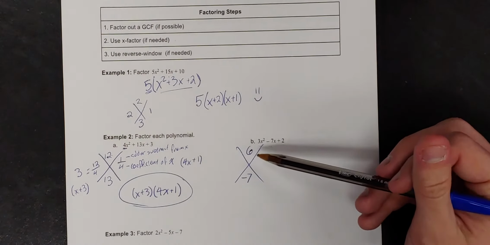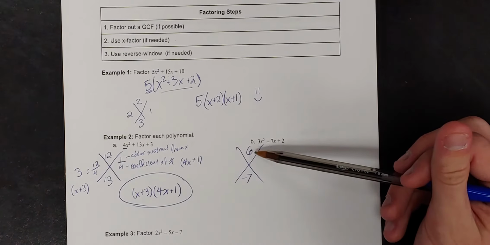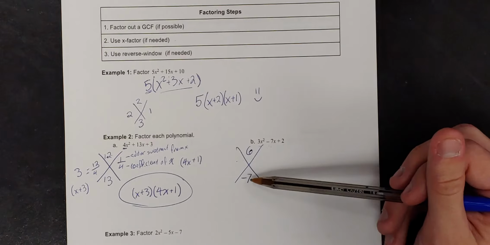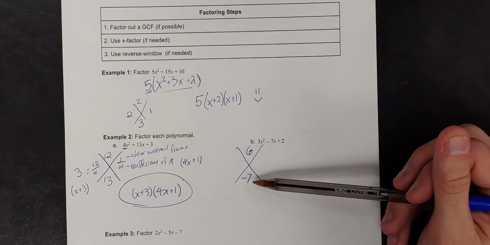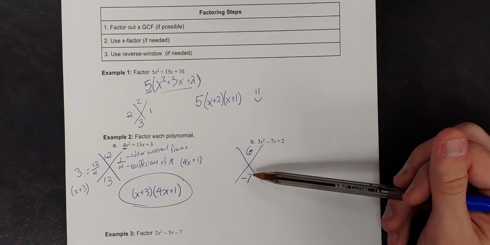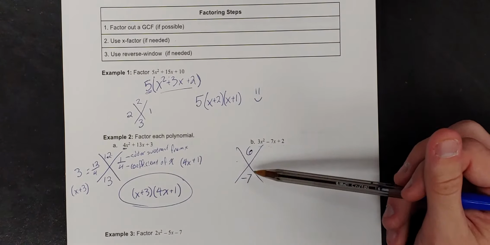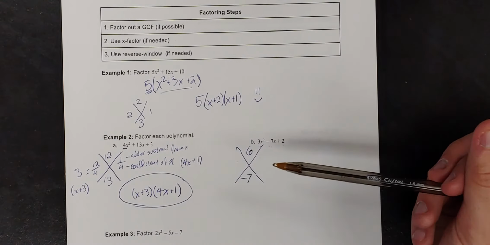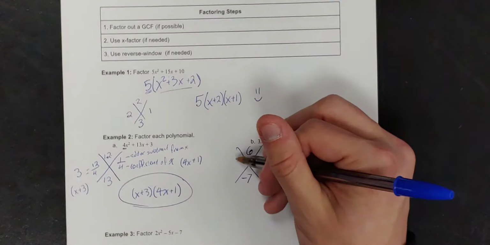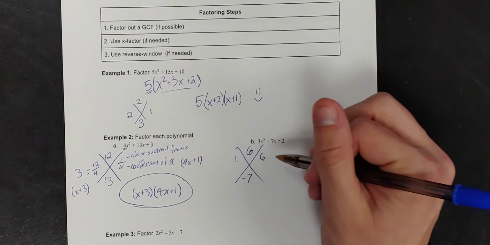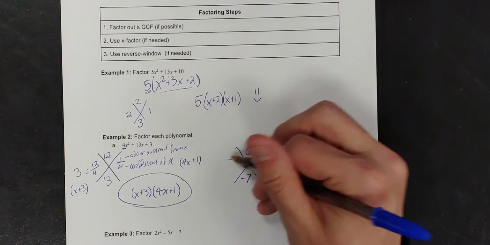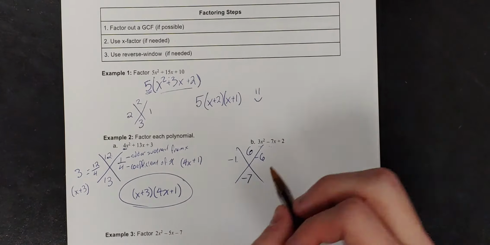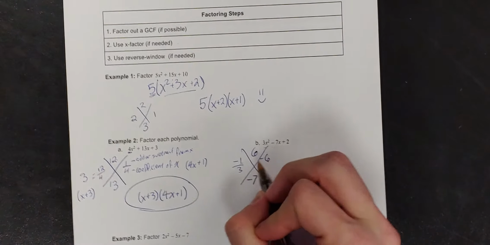My 6 tells me that the signs of my p and q need to be the same, and this negative 7 tells me that they are both negative. So two numbers that multiply to 6 but add to 7, if you figured it out, you get 1 and 6, and they're both negative. Don't want to forget that. So now what we can do is divide by 3.